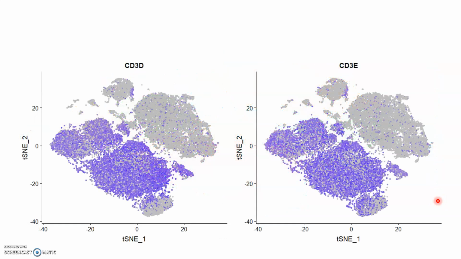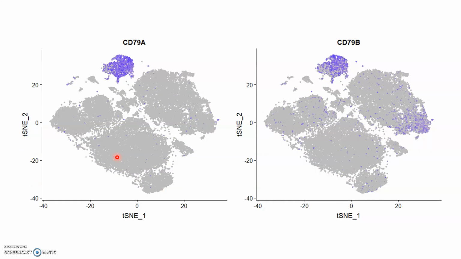Now what we basically need to do is look at specific gene markers that might be expressed within those particular cell subsets. For example, we see CD3D, which is a commonly used marker of T cells. We see our T cells light up as cells that are expressing that particular gene. And CD3E, as another example, we see nice overlap between the expression of those particular genes.